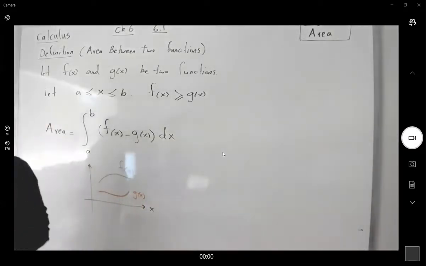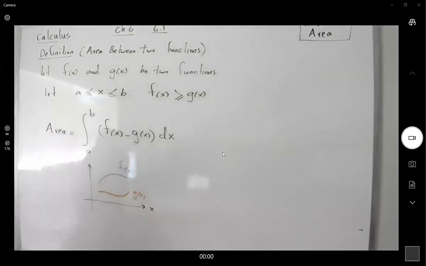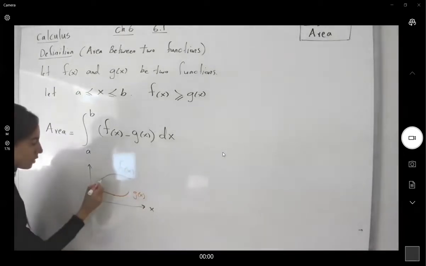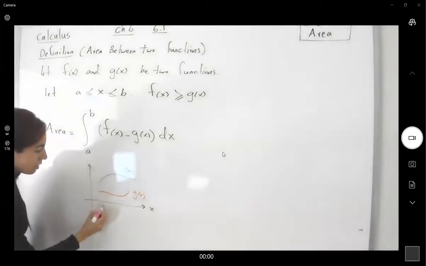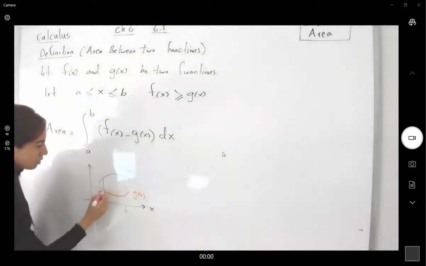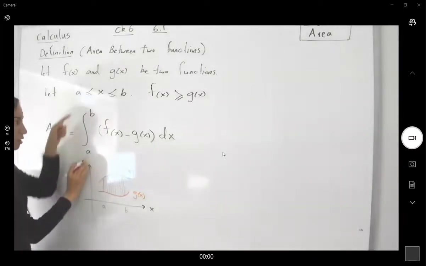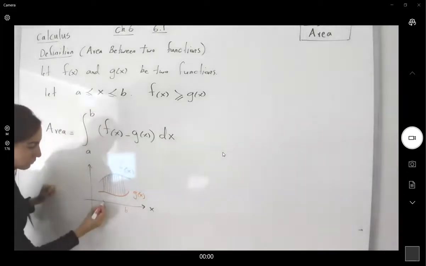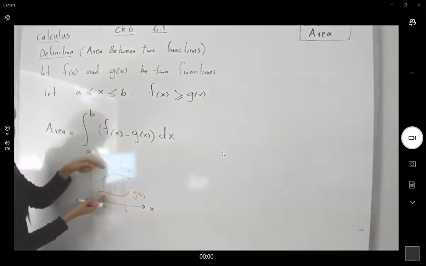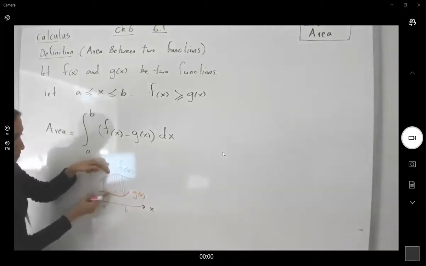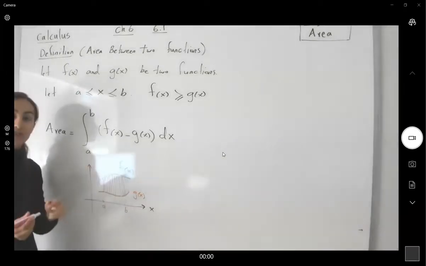And I'm interested in finding the area bounded between these two functions as x ranges from a to b. This is the definite integral while x is bounded between a and b, and my y is changing between f and g. So as you can see, the height is the difference between f and g.